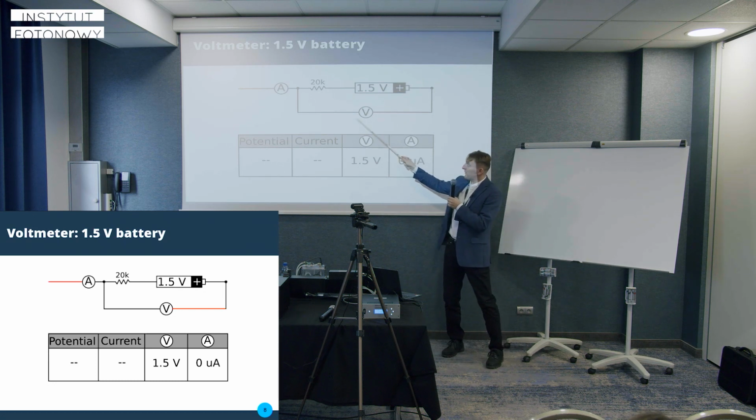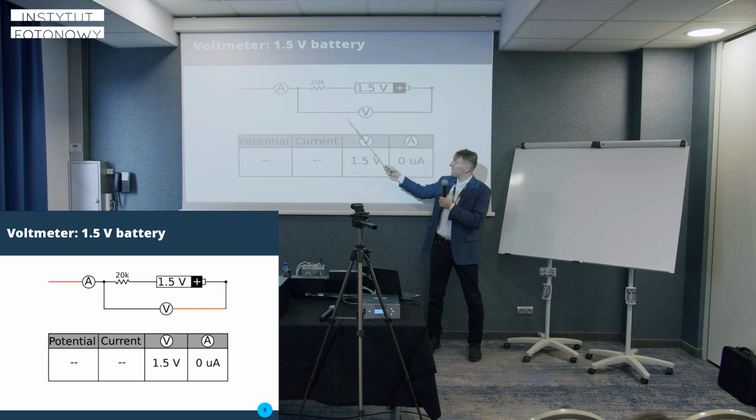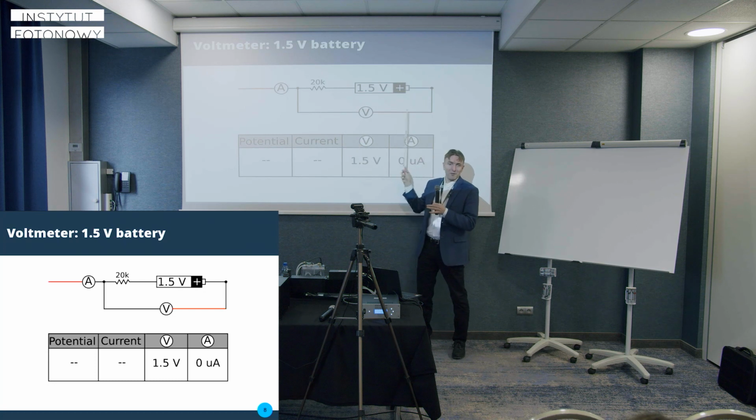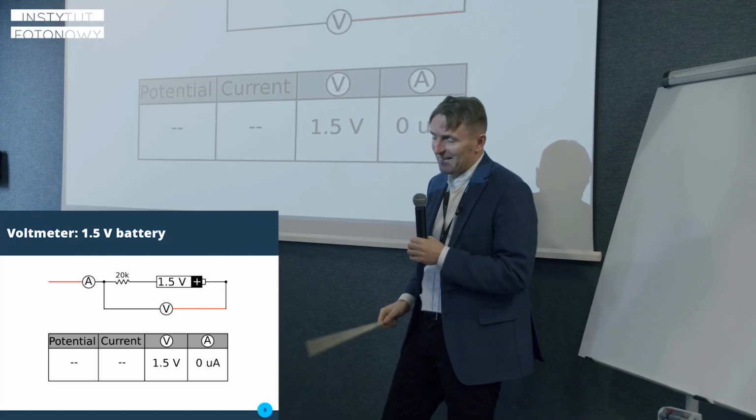In this particular setup, it is not necessary because this guy has, for all our purposes, infinite internal resistance. So no current will flow, almost no current will flow through that circuit.